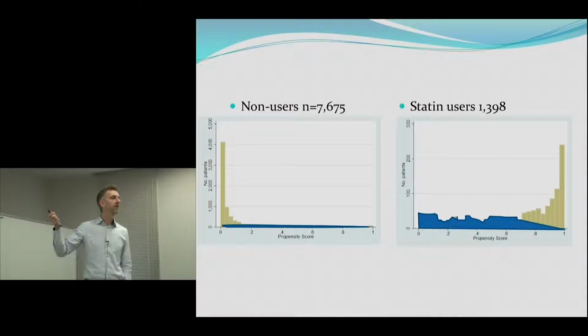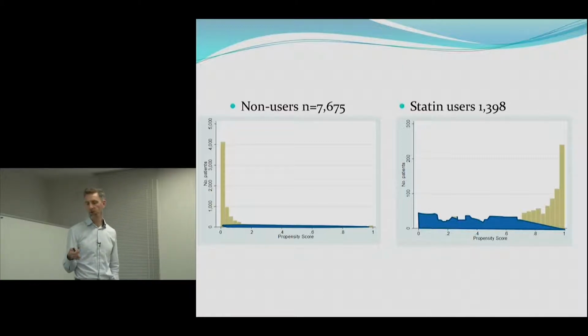Remember I said that there are different ways of using the propensity score, and one is to match individuals with similar scores. Well, the problem is, because we've got very few people with high scores amongst the non-user population, if I match people, I'm going to run out of potential matches for all these people with high scores. So I maybe will lose some important information by doing this.